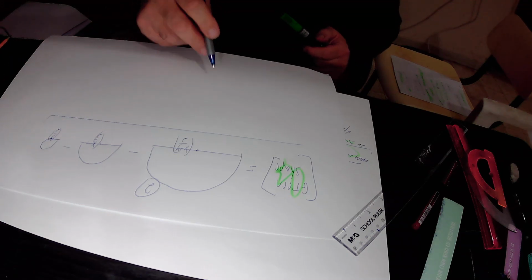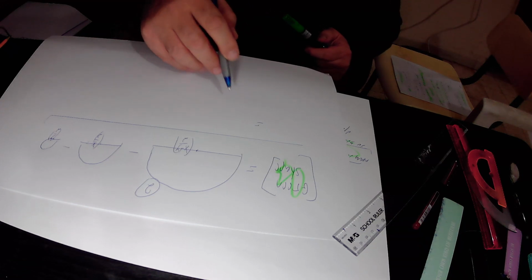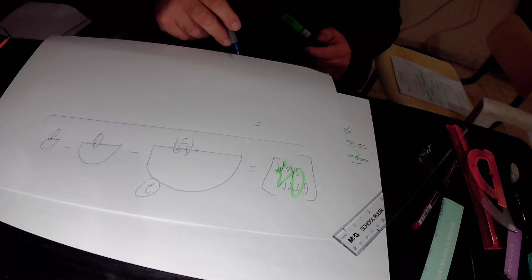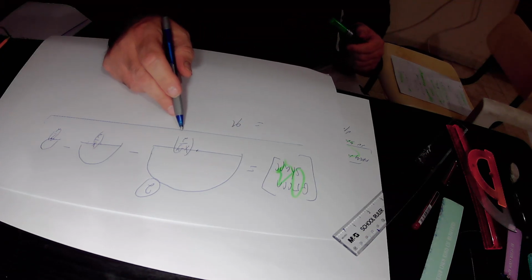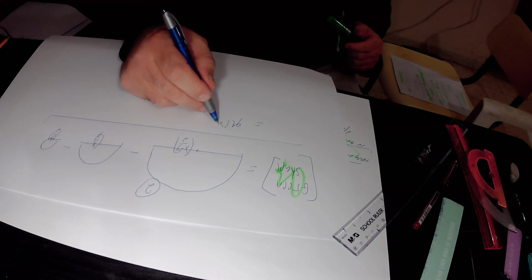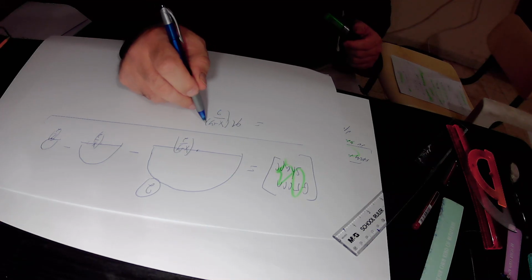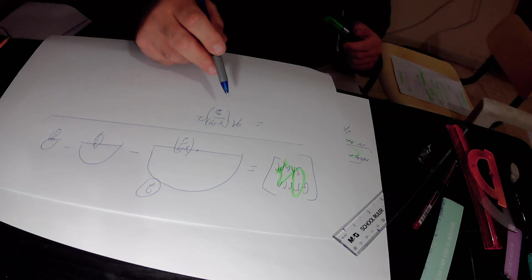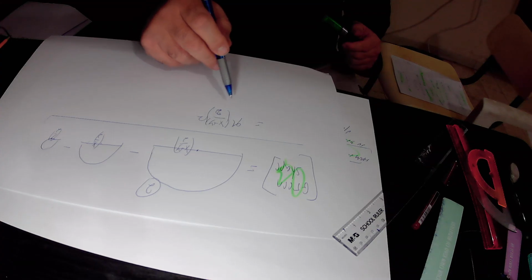The area of the biggest semicircle equals pi times the radius squared over 2. The radius squared is x plus y over 2 squared. So it is pi times the radius of the semicircle squared over 2.